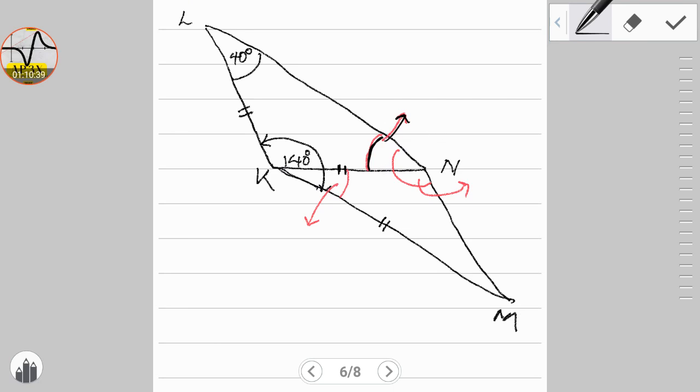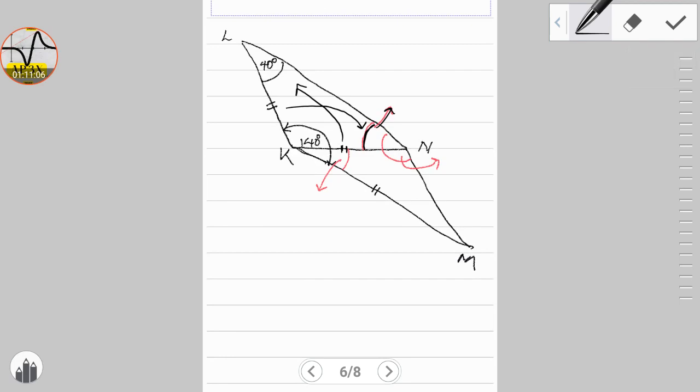But one thing we know is that this four-sided shape is made up of two isosceles triangles. One geometric rule for an isosceles triangle is that if you have two equal sides, and this angle is 40, then this angle down here, which is what we're looking for, is also equal to 40.